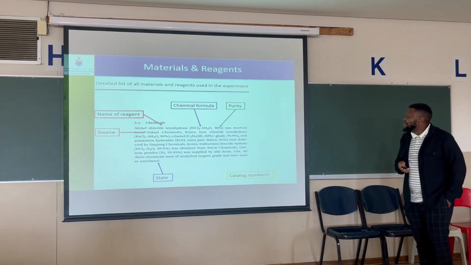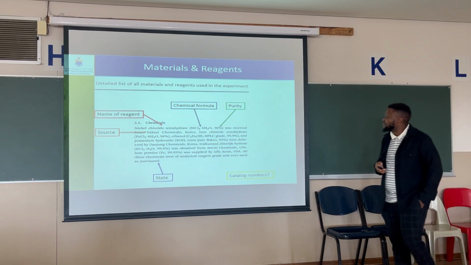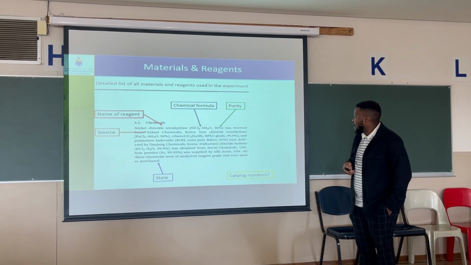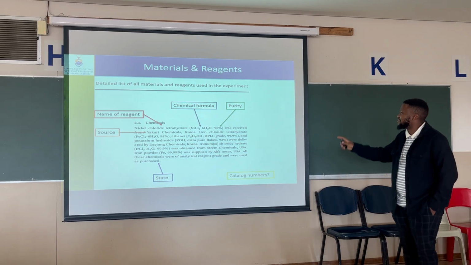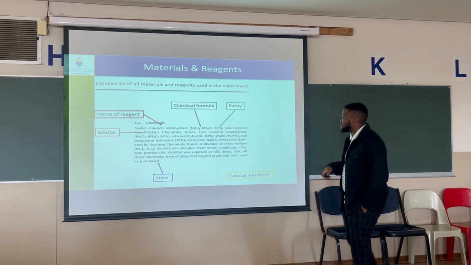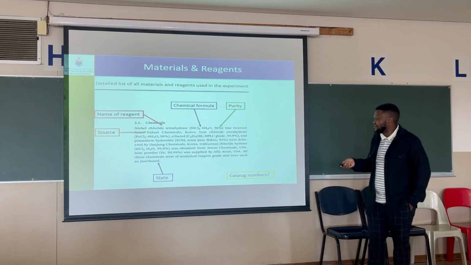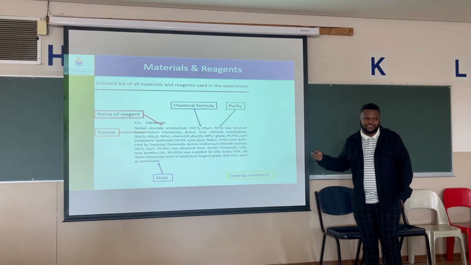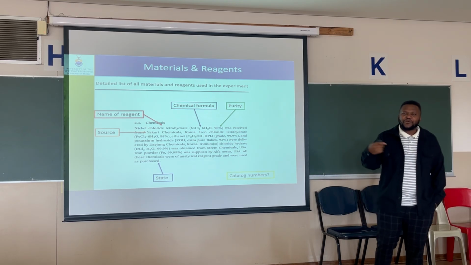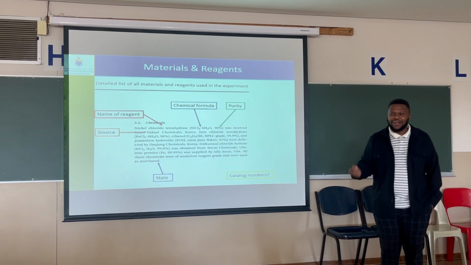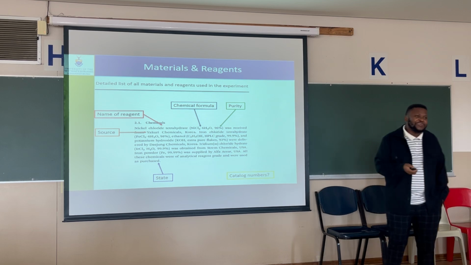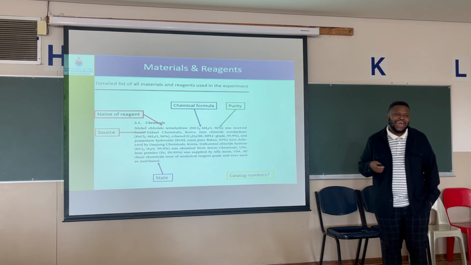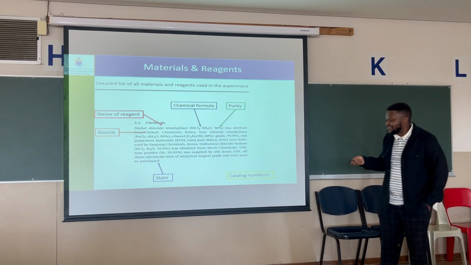So another thing that you want to add is how the reagents were used. Normally at the end of your materials and reagents section, they will say all these chemicals were analytical reagent grade and were used as purchased. So if you do purchase oleylamine from Sigma Aldrich and you say, okay, it's 70% and I don't like that, I'd like it to be as pure as possible, and then you purify it to be 98%, you would need to say that.